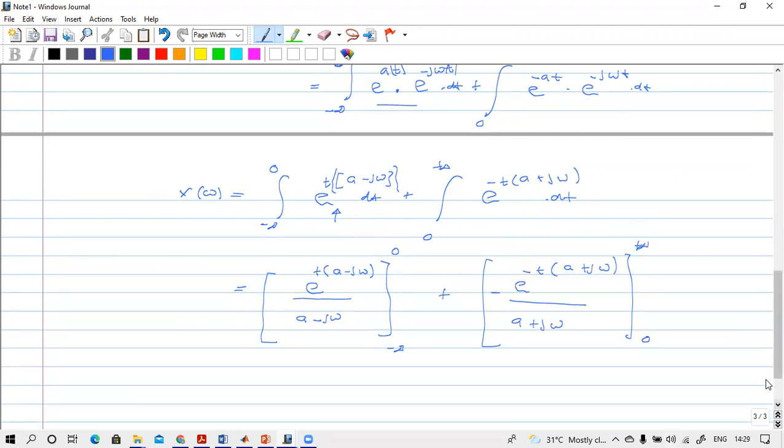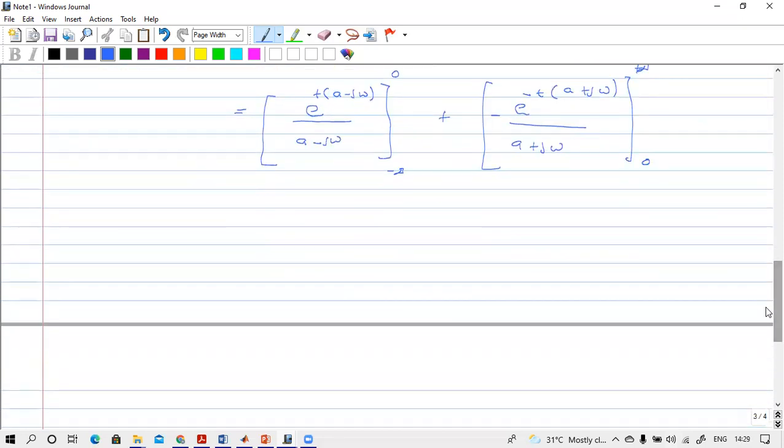Okay, so we see what happened when you apply the limits to these two terms. First we substitute the upper limit, and then we substitute the lower limit.